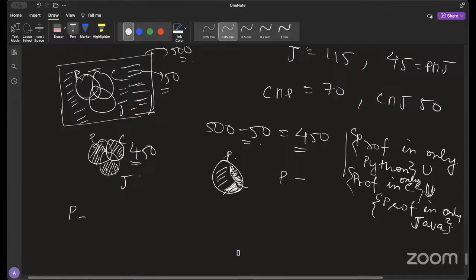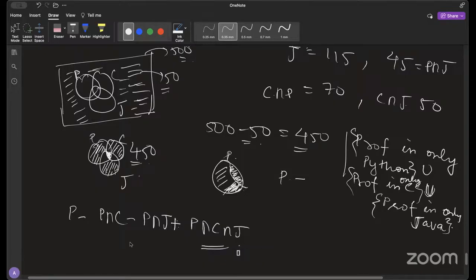P minus, you subtract this intersection, right? This intersection is P intersection C. This intersection you subtract first, and then you subtract the other intersection, which is P intersection J. And because you've subtracted this 2 times now, you'll have to add it 1 time.